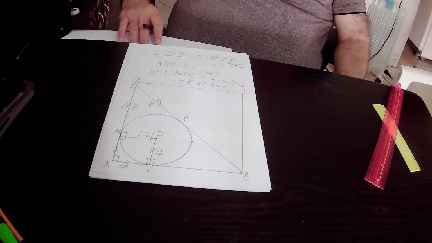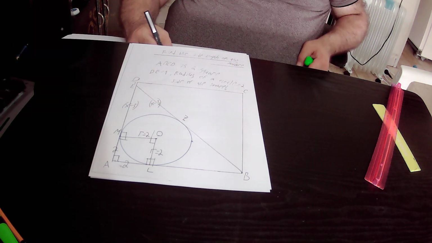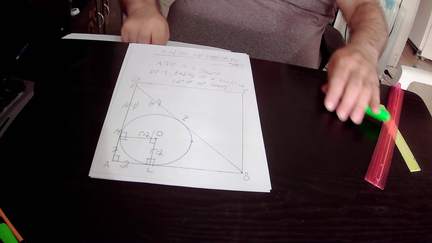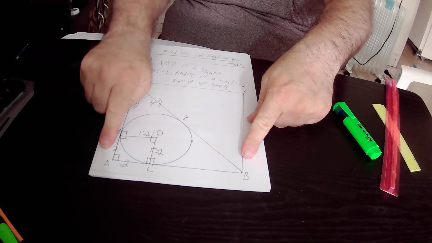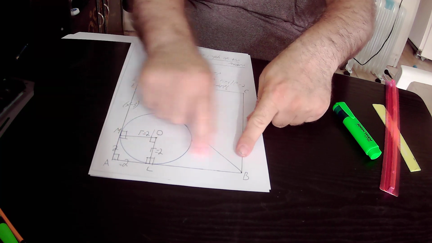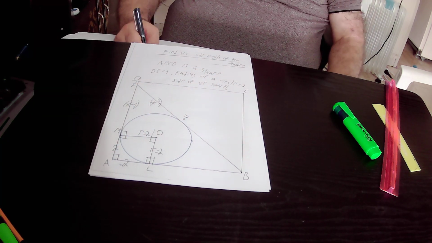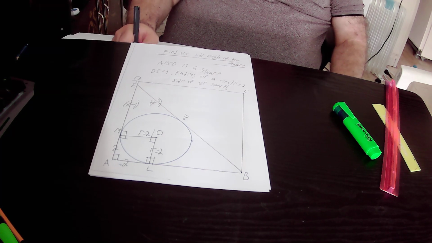What is the length of line segment BL? It is very easy to see from the drawing that the length of line segment BL is equal to AB minus AL. Again, AB minus AL equals LB.